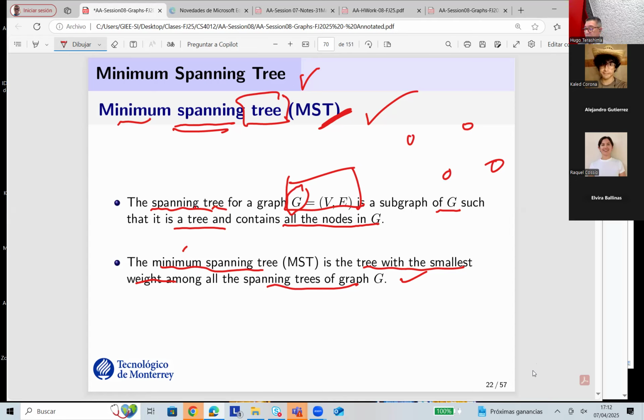And if it is going to be the minimum, it's going to connect all the nodes, and the summation of all the weights in this tree is going to be the minimum, right?